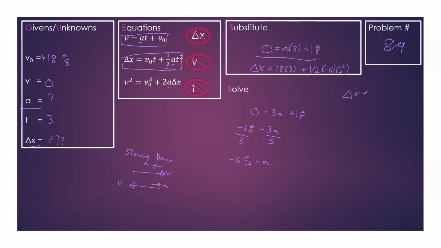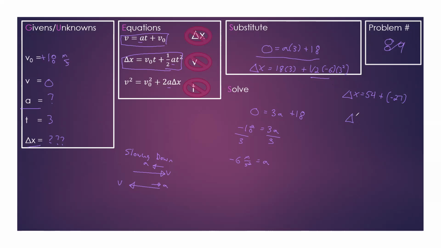So delta x equals 18 times 3. 20 times 3 would be 60, minus 6 is going to be 54. Then 3 squared is 9, times negative 6 over 2, because you've got the half times negative 6, is negative 3 times 9, which is negative 27.